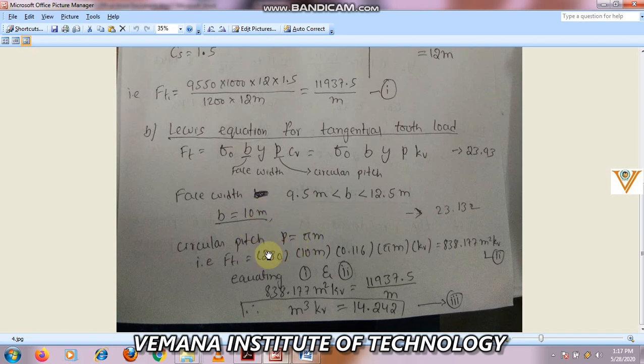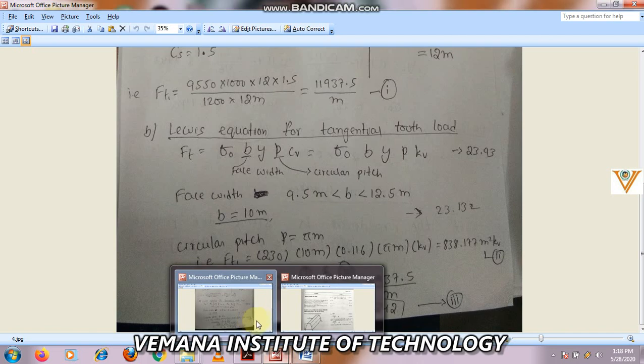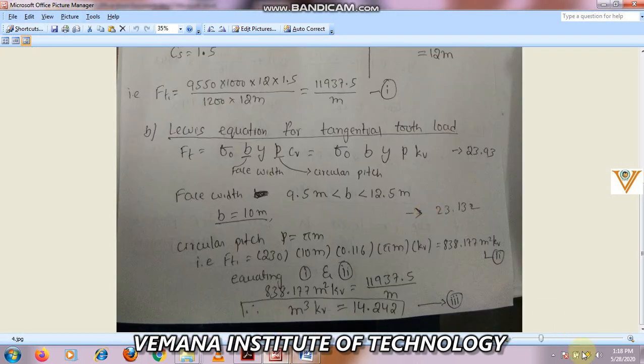So here we are going to find FT for the pinion, for 1. Substitute all the values specifically for the pinion. Sigma naught is the allowable bending stress, 230 MPa, B is 10 times module, and Y1 is 0.116, which from Lewis's equation we have taken. I will show you the Lewis equation in the previous section.